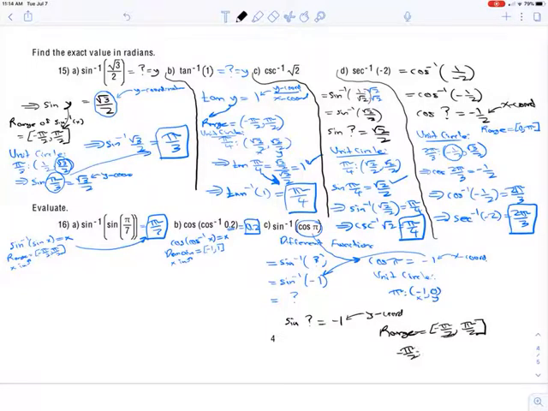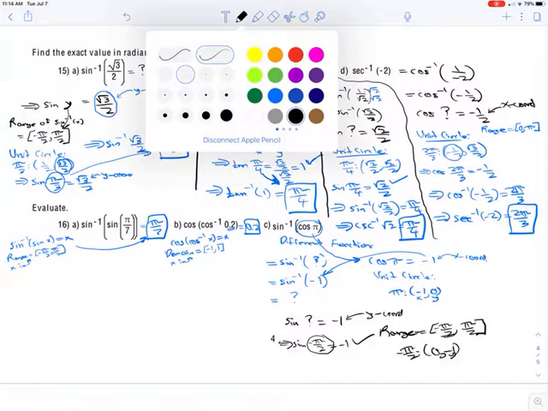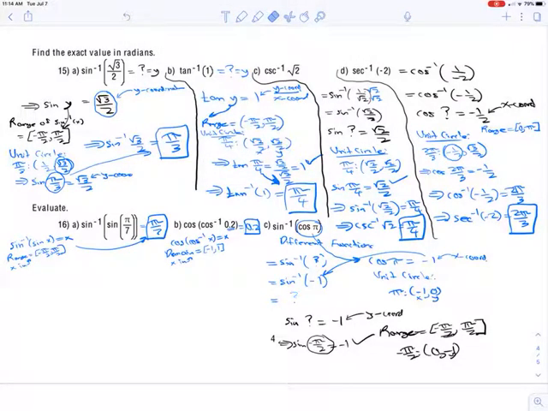So at -pi/2, we have the ordered pair of 0, -1. There's that y-coordinate. So that implies the sine of -pi/2 equals -1. All right, so here's our answer. It equals -pi/2. So simplified down, we get -pi divided by 2.